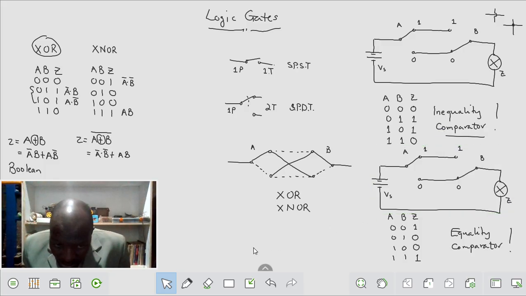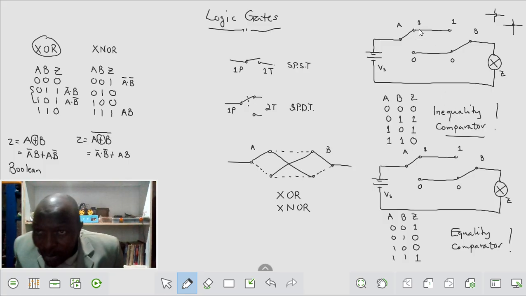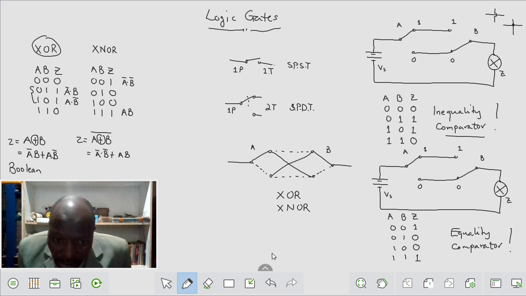In the one case we XOR together, we make the inputs and the connections unequal by crossing with the X for exclusive OR.